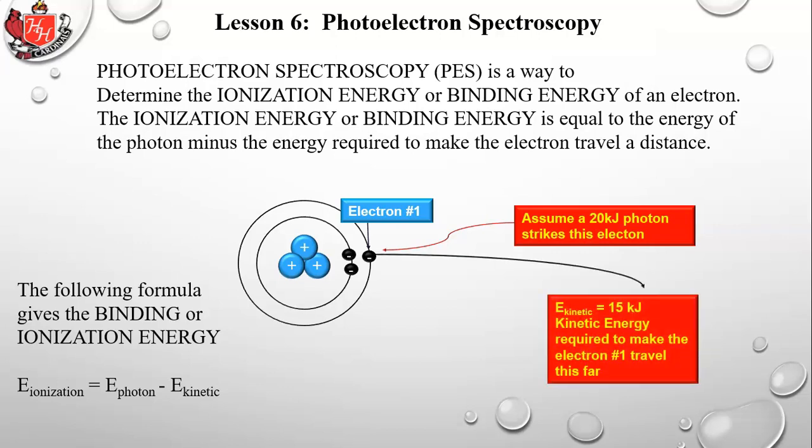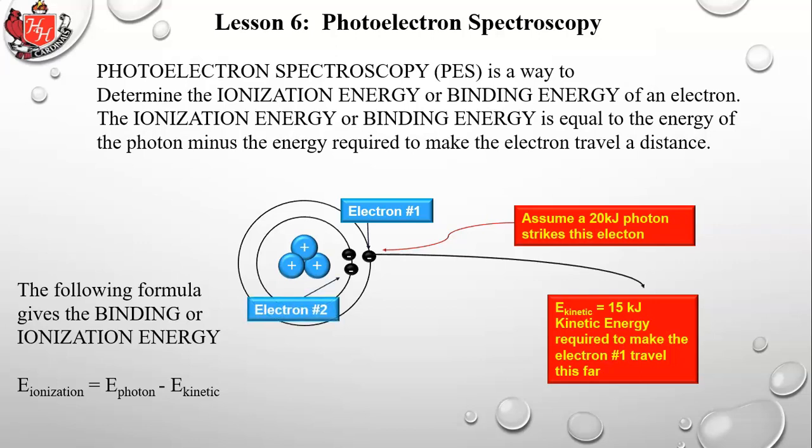Let's say that electron flies a distance that requires 15 kilojoules of energy. How they measure this is beyond what we need to understand for this class, but they have ways to measure this. So E kinetic, the energy of motion of that electron, is 15 kilojoules. That's the kinetic energy required to make electron number 1 travel this far, to wherever that arrow is going.